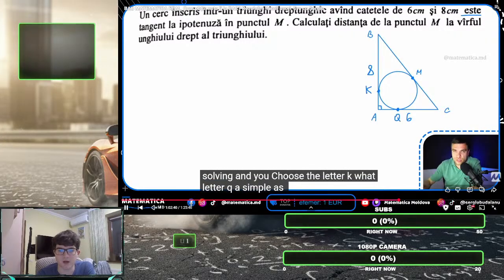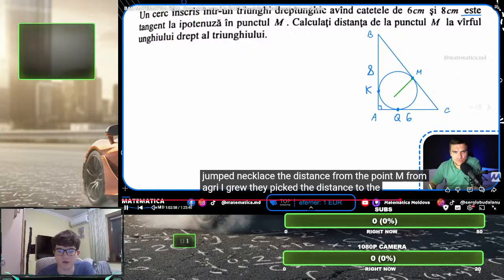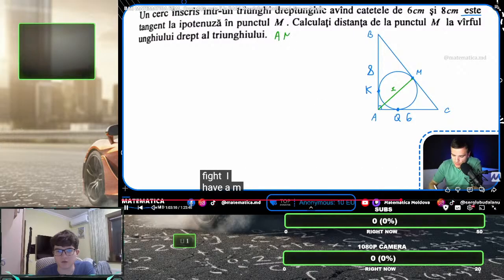I'll put a K, Q point there. The angle of 90 degrees. So we have to find out what's this green line, AM.